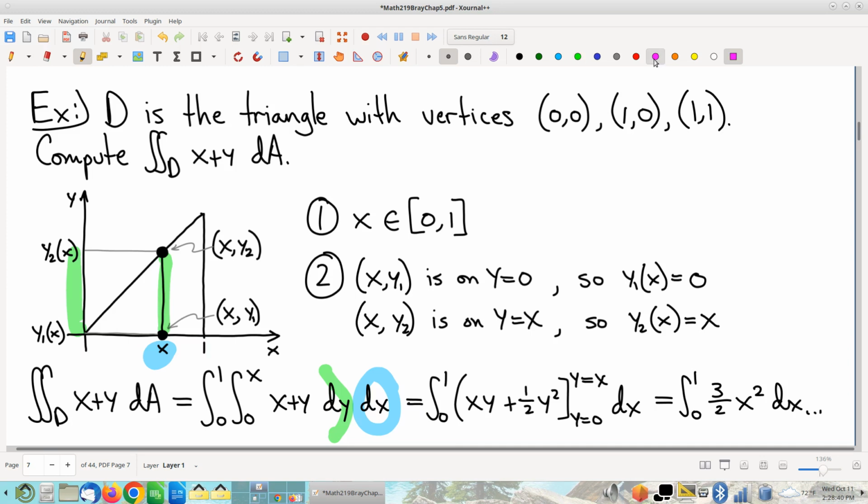Here's the upper bound. That's what I want to find the formula for. Well, it's the y coordinate of that point. That's where my slicing in the y direction is going to end for that value of x. Keep in mind, I'm only looking on this one particular x slice. So for that arbitrary value of x, that's the point whose y coordinate is what I need.